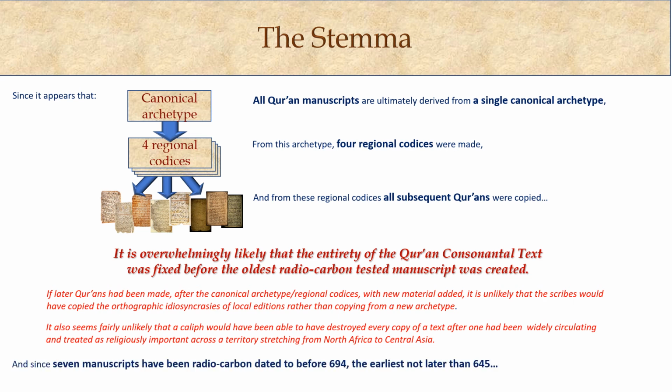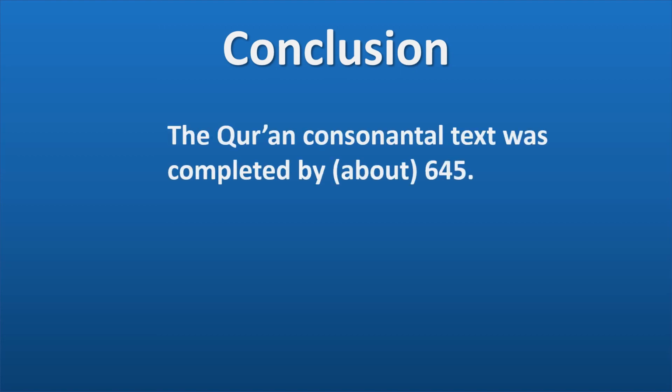Since 7 manuscripts have been radiocarbon dated to before 694, and the earliest not later than 645, we reach our conclusion, which is that the Qur'an consonantal text was completed by about 645.